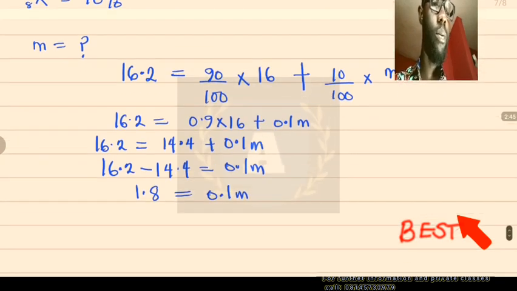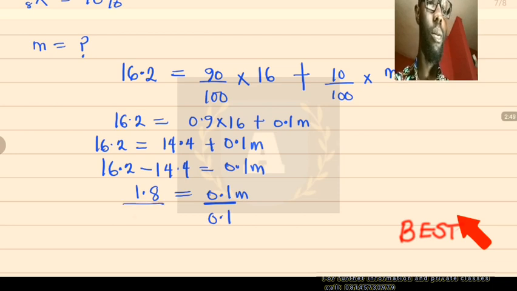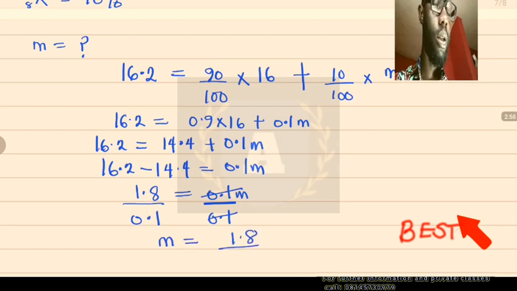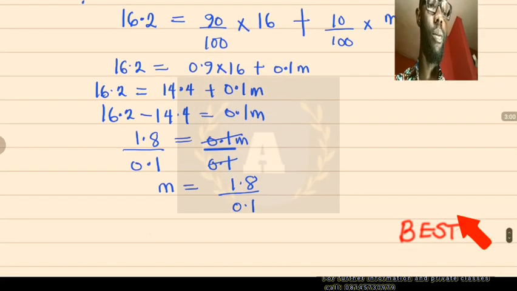So we divide both sides by 0.1, this cancels out this, and our M equals 1.8 divided by 0.1. So M, which is the mass of X, has been given to be 18.